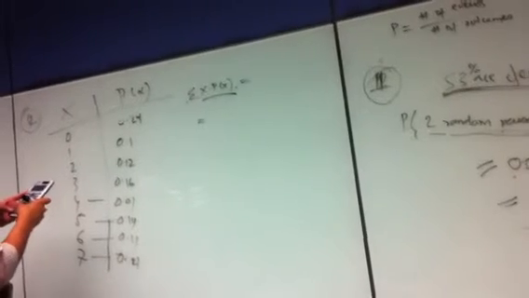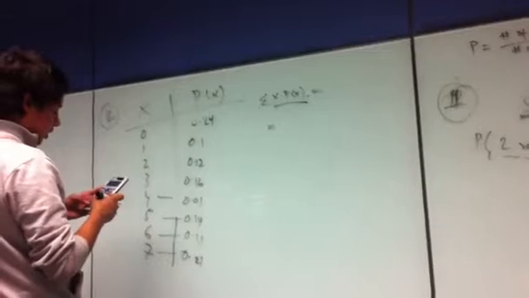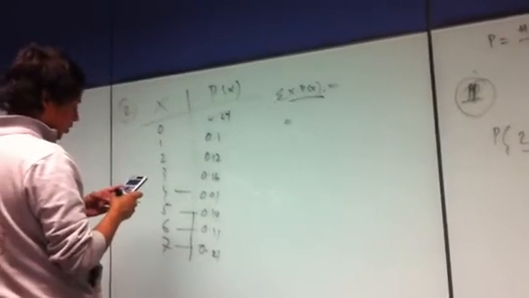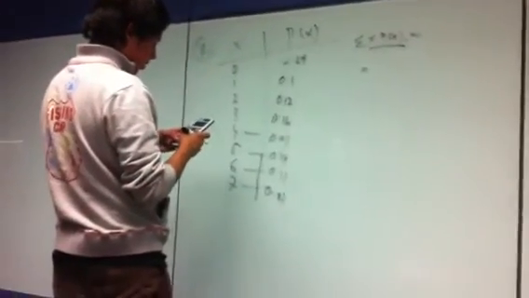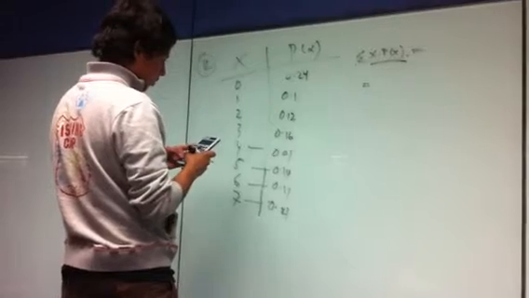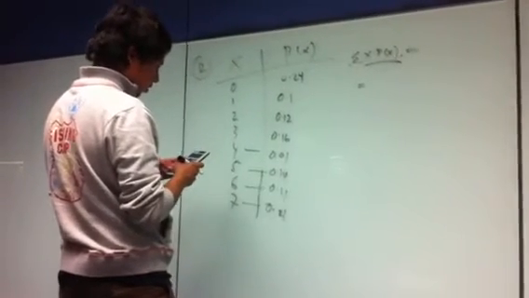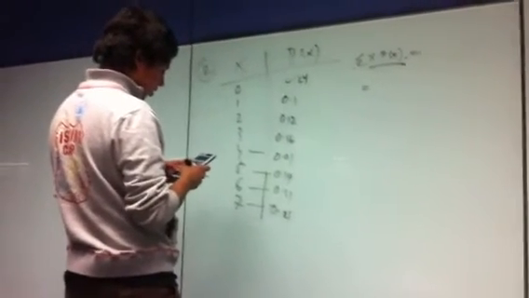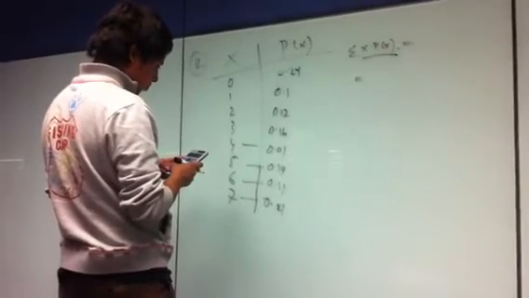So 0 times 0.24 plus 1 times 0.1 plus 2 times 0.12 plus 3 times 0.16 plus 4 times 0.01 plus 5 times 0.14 plus 6 times 0.11 plus 7 times 0.21.